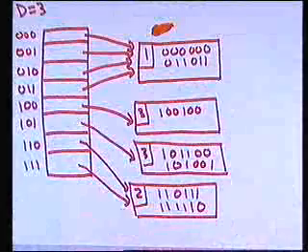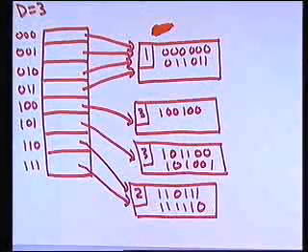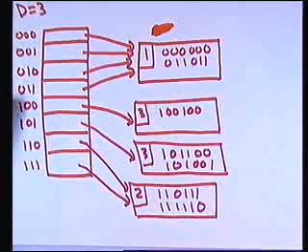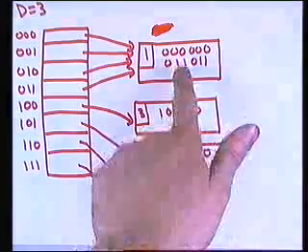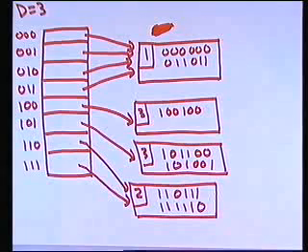So for example, coming back to here, notice that all the 4 3-bit prefixes that start with 0, there's 4 of them, all point to this node. That means that if your bit string starts with 0, it's guaranteed to end up in that node and nowhere else.